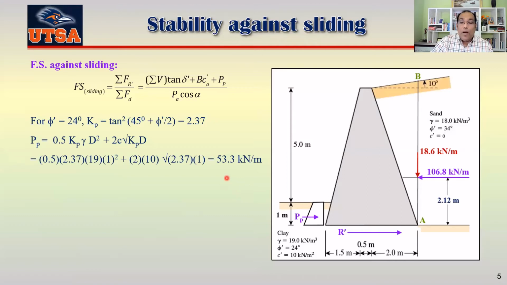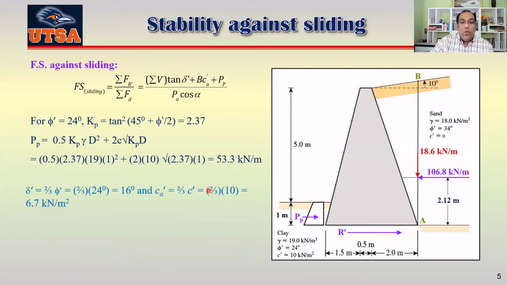Okay. Now, what about the other properties related to your resistance at the bottom of the wall? Your delta prime is given as 2/3 of phi prime, which is 16 degrees, and your cohesion between the soil and the wall is 2/3 of the cohesion between soil and soil.